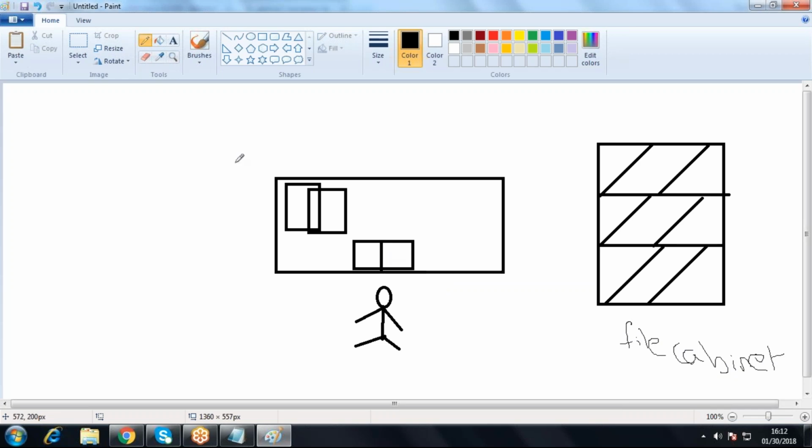If he doesn't find what he needs, then he goes for the one on the table. If in this also he doesn't find what he needs, then he goes for the file cabinet.